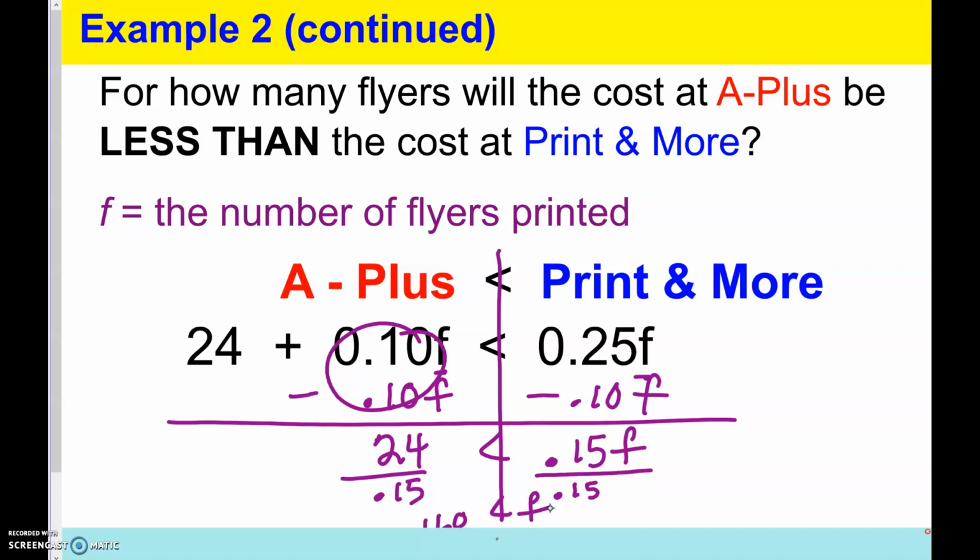What does that mean, that 160 is less than F? So that means if the number of flyers gets more than 160, then A+ will cost less than Print and More.